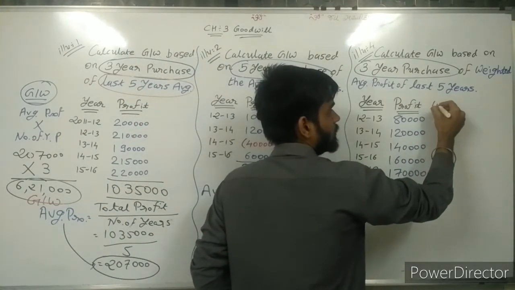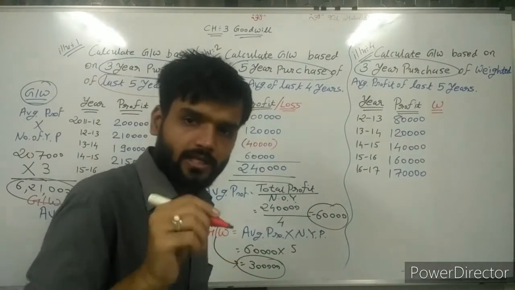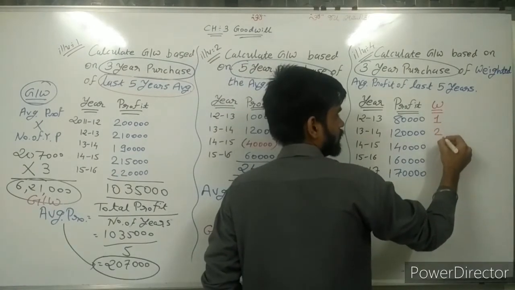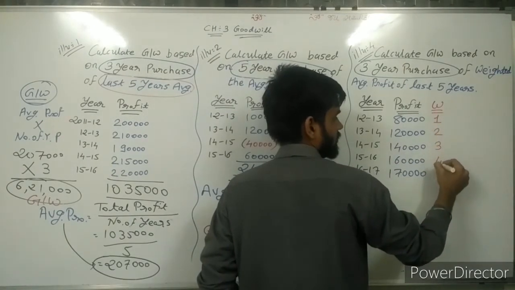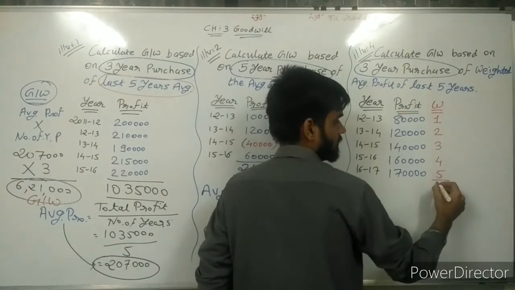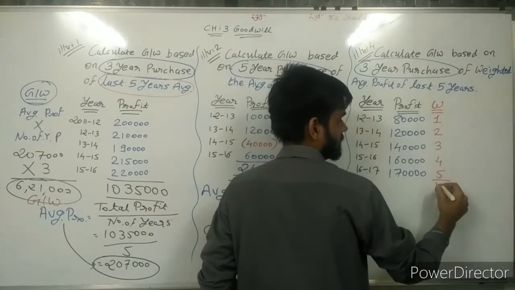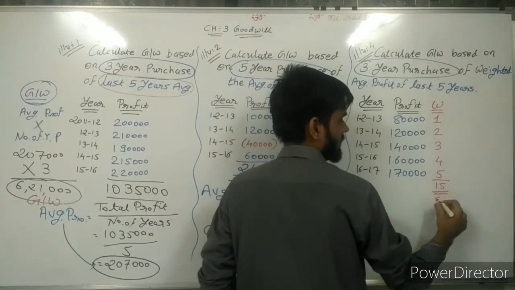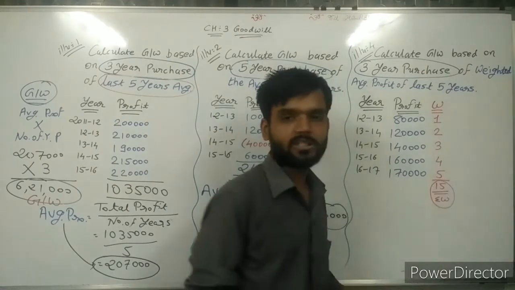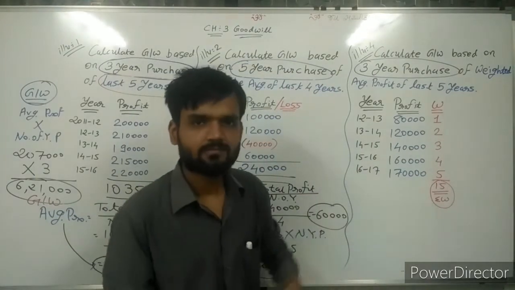Weight means W. Give weight 1, 2, 3, 4, 5. Total of this weight is 15. So sigma W is equal to 15.